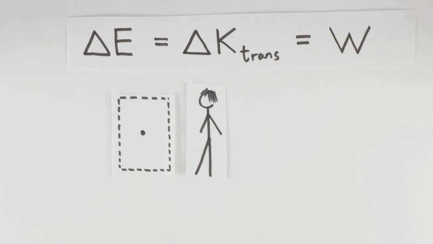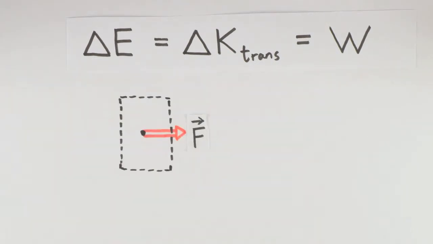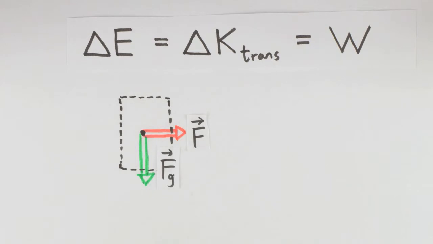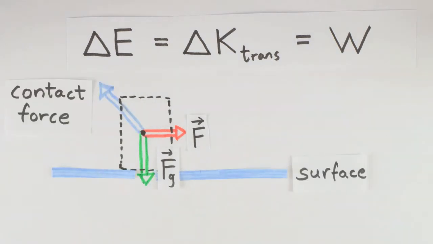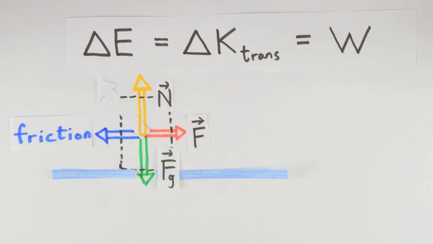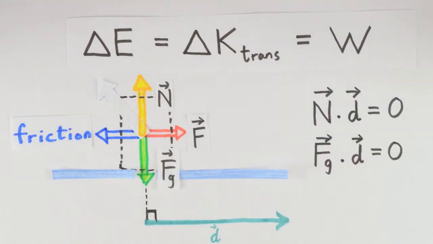There are three agents: you, applying the pulling force, the Earth, applying a weight force, and the surface, applying a contact force, which we express in terms of a part perpendicular to the surface as a normal force and a parallel part, which is the friction. Now, since both the weight and the normal force are perpendicular to the displacement, these forces do no work. So we focus on the work done by the pulling force, big F, and the friction, little f.